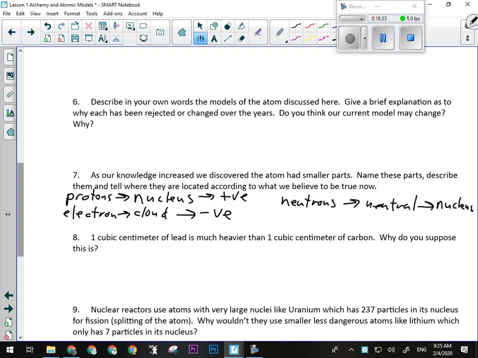A lead atom is much bigger. It has 82 protons, and a lot of neutrons, and 82 electrons. So we've got a much bigger atom. If I have equal numbers of lead atoms and carbon atoms, obviously a big chunk of lead is going to be a lot heavier, simply because the atoms are bigger.